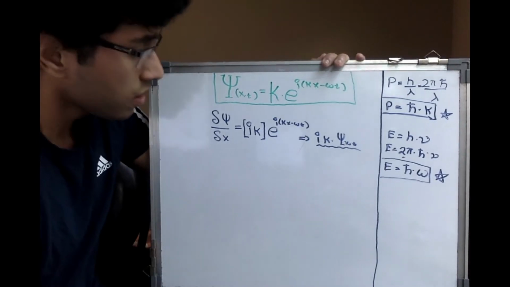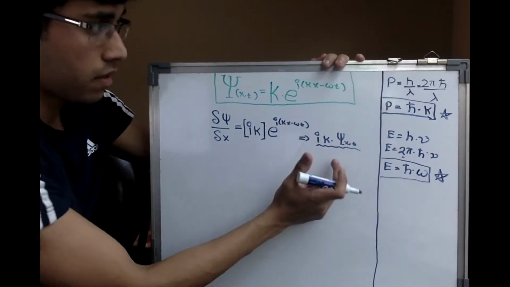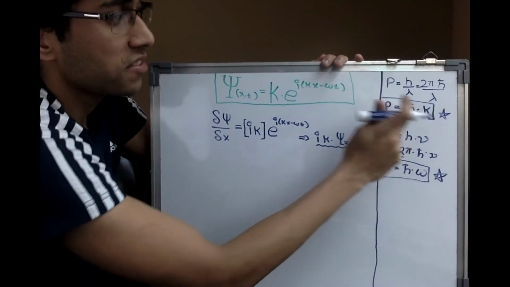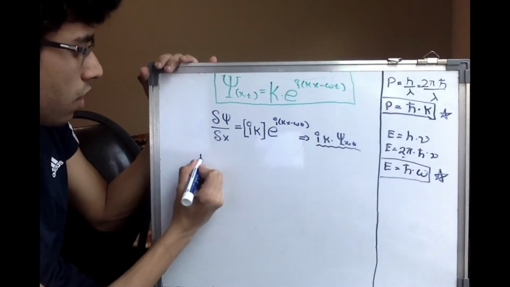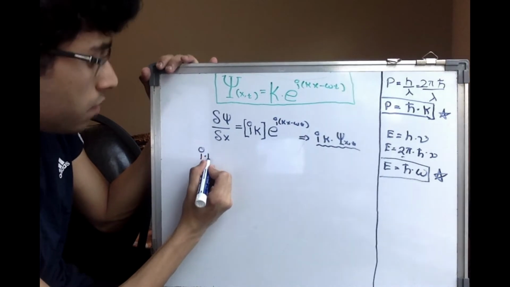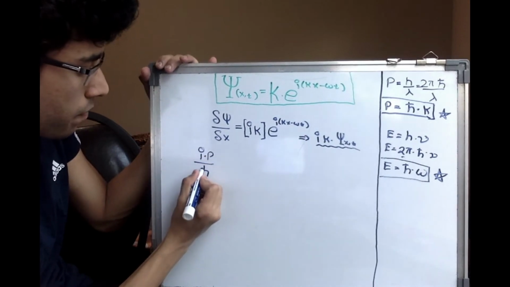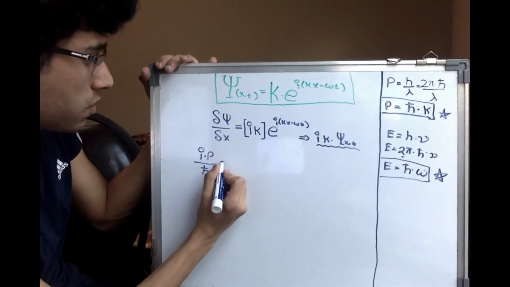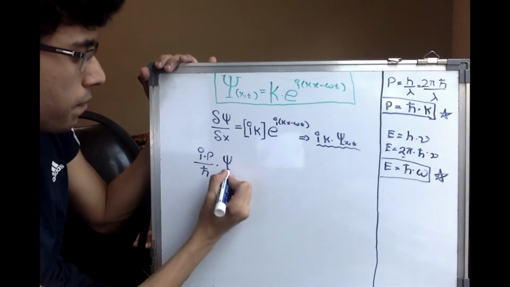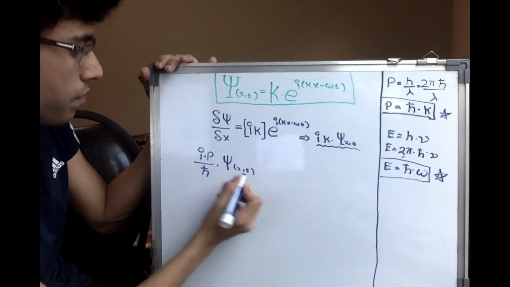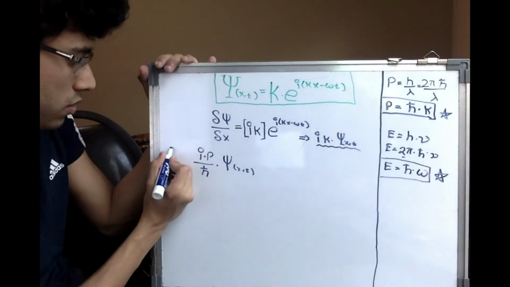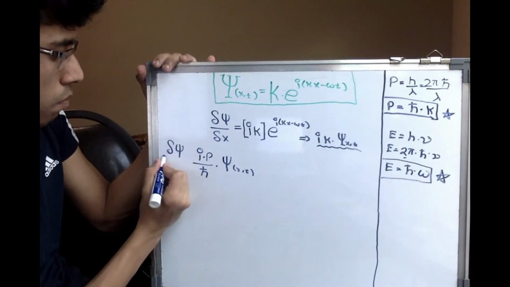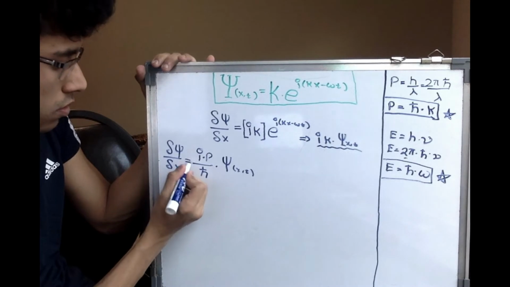Now, what I can do is substitute the value of k. I know k is p over h bar. So, simply i p over h bar times psi of x comma t. This is the partial derivative of psi with respect to x.